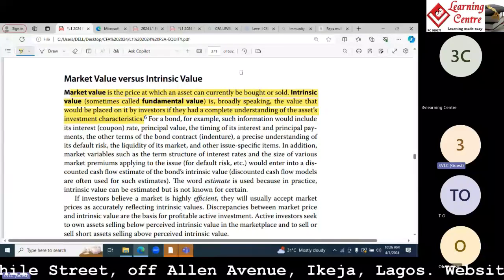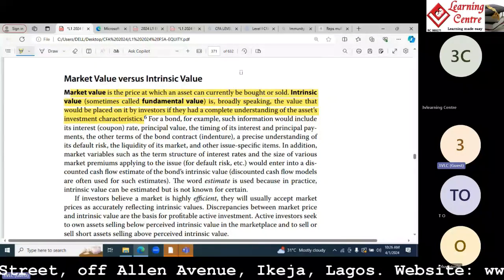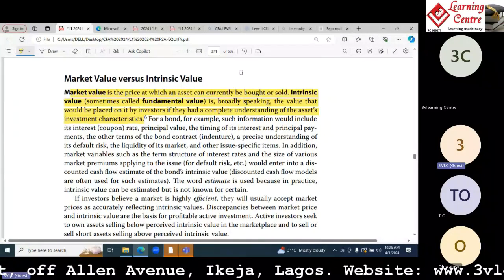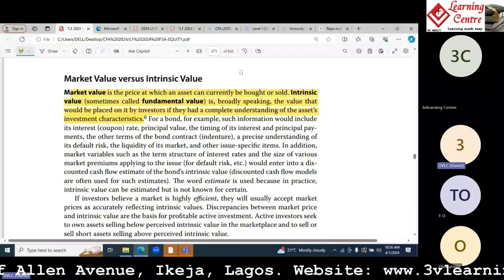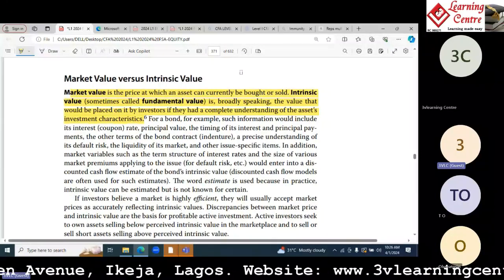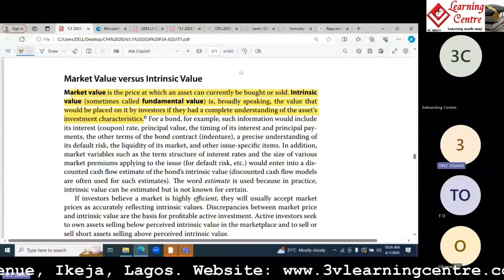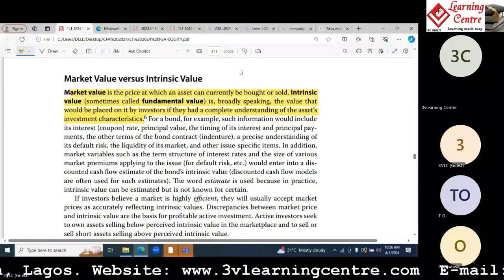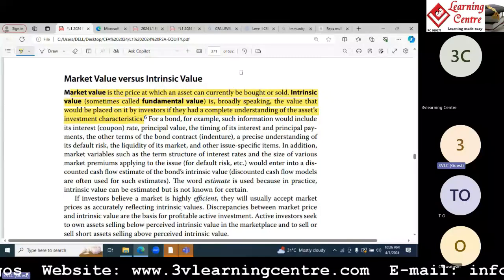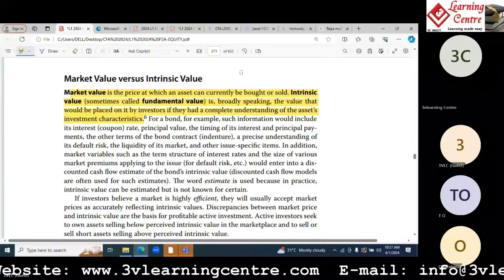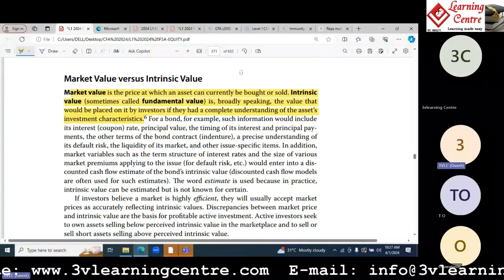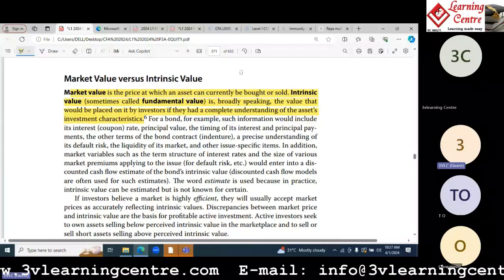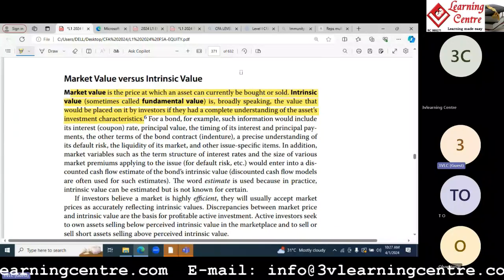Your intrinsic value is the value that you place on that asset, given the information that you have about that asset. And if the information that you have is complete, then you can say that intrinsic value is the real or true value of the asset.